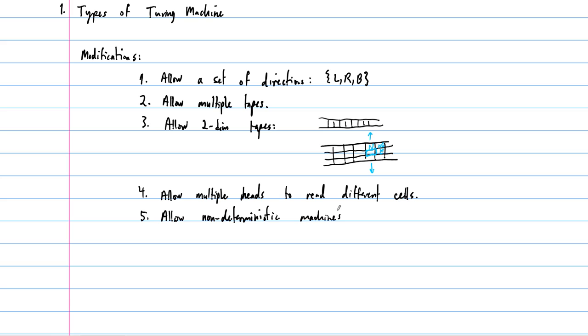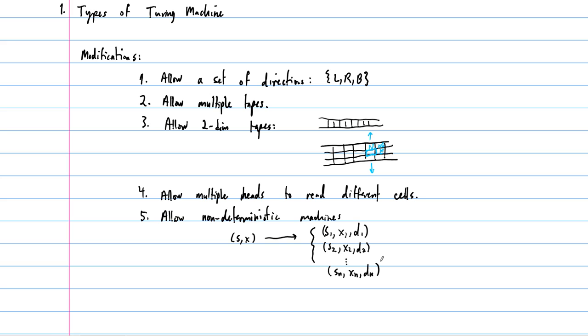A deterministic machine says that for every input state and symbol, S, X, you get back one output set of instructions. So one new state, one new symbol, and one direction, right? But the non-deterministic machines say, okay, maybe you could have multiple. So you could have a set of multiple outputs, S1, X1, D1, S2, X2, D2, etc., maybe all the way down to Sn, Xn, Dn.